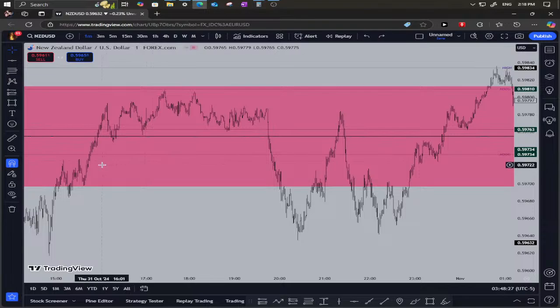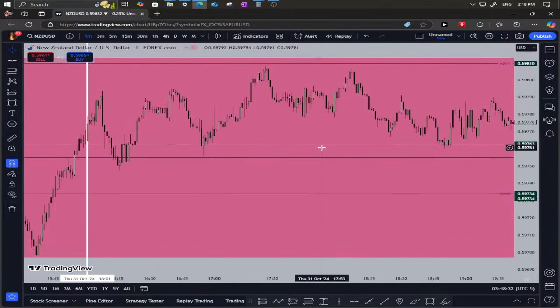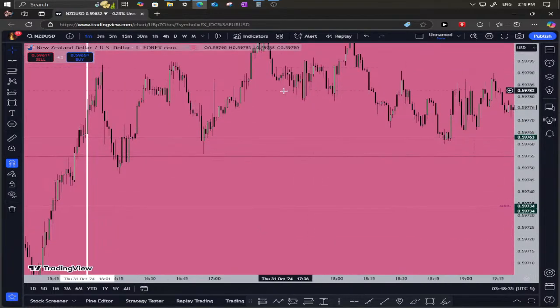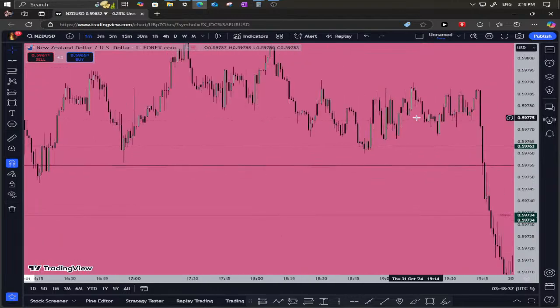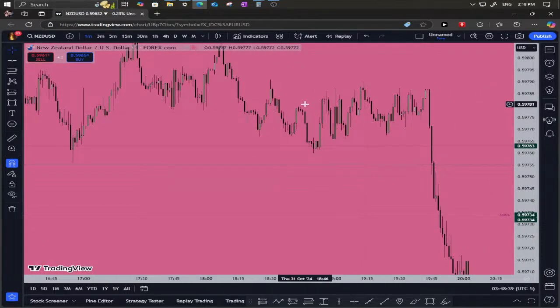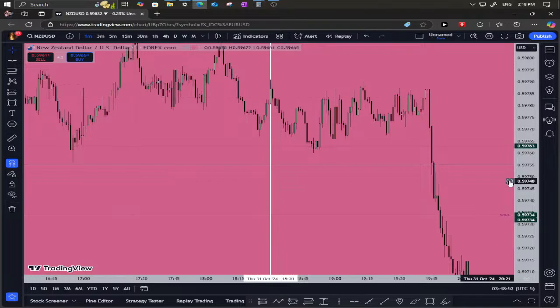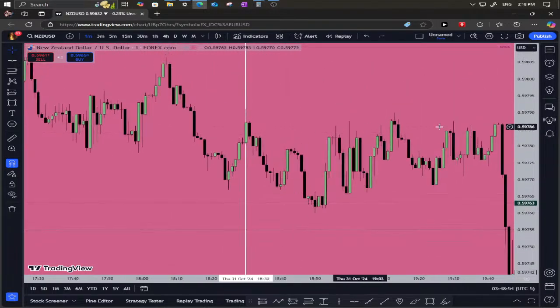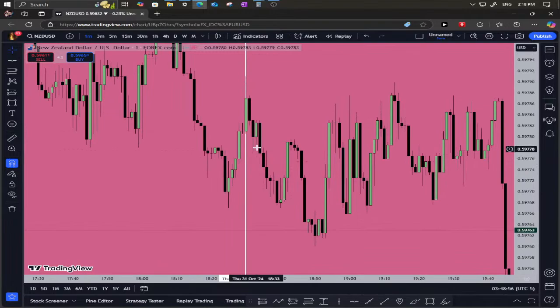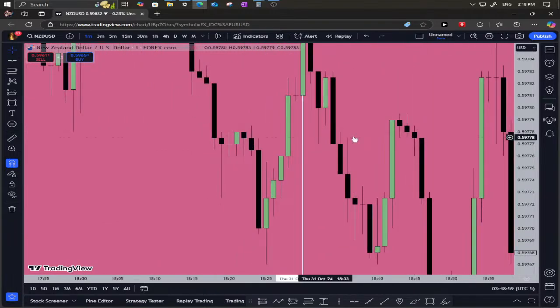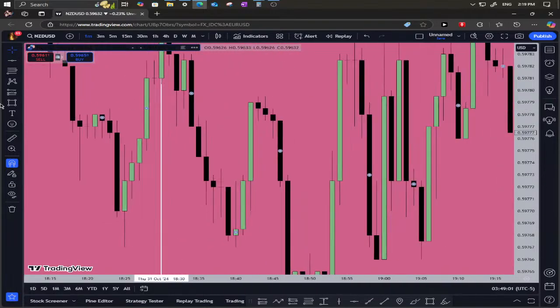Or plus 3. This is the start of the day, right? And now the Asian session, I usually trade at 18:30, so that is what I'm going to be looking at. And if I have any FVG here that I can use, I will use that. This one basically.